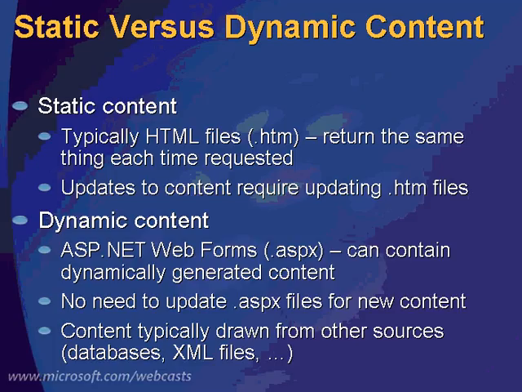Examples of such sites are Amazon, eBay, Microsoft.com, and you have to wonder how much of the content there is actually static and how much of it is actually dynamic. It'll be pretty obvious to you once you visit these sites. And this is where the true power of ASP.NET comes in. It lets you build web pages that contain a mix of static as well as dynamic content.